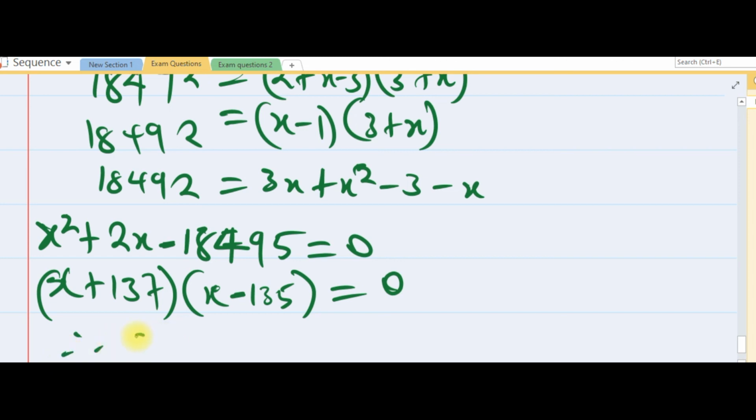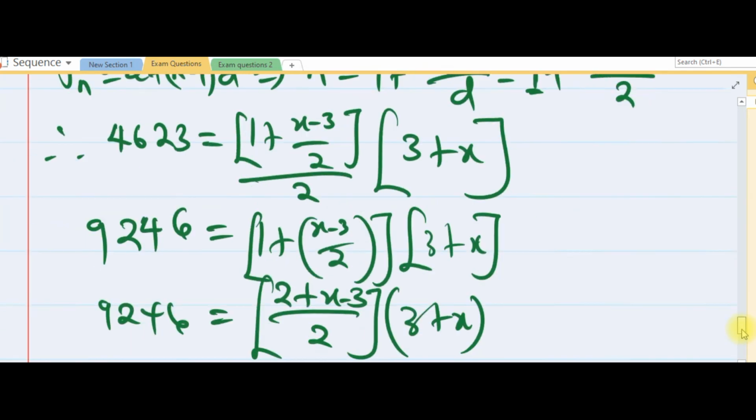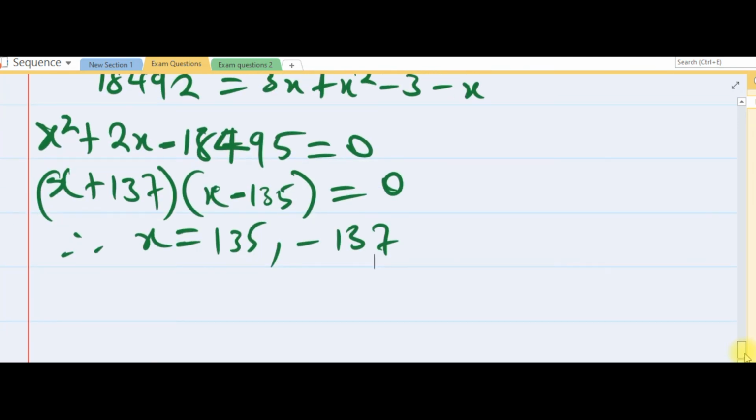Therefore our x is 135 or minus 137. But there is a problem. Remember, this is an increasing sequence, so it can never be minus 137. So the only answer is 135.